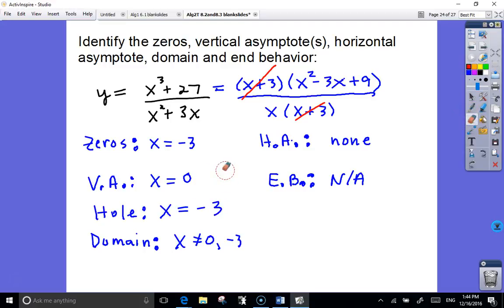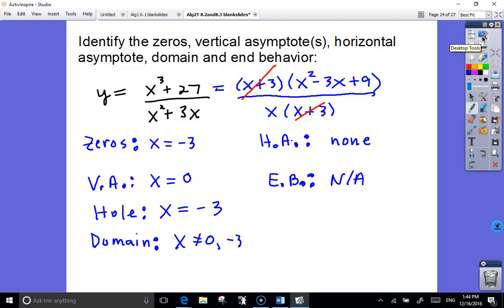There's still restrictions to the domain. Domain is still x does not equal 0, x does not equal negative 3. But you don't expect the graph to veer off towards infinity or negative infinity if it's taken from a common factor of the numerator and denominator. This book doesn't have any issues like that.